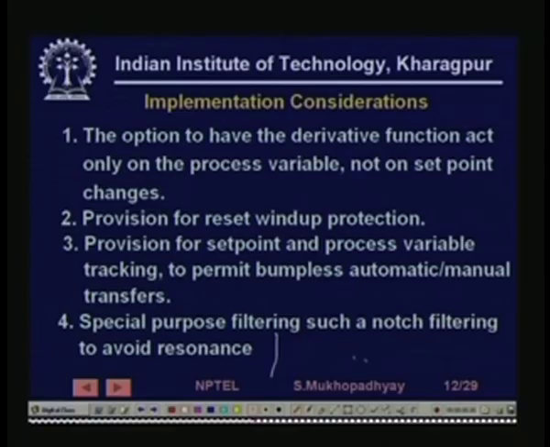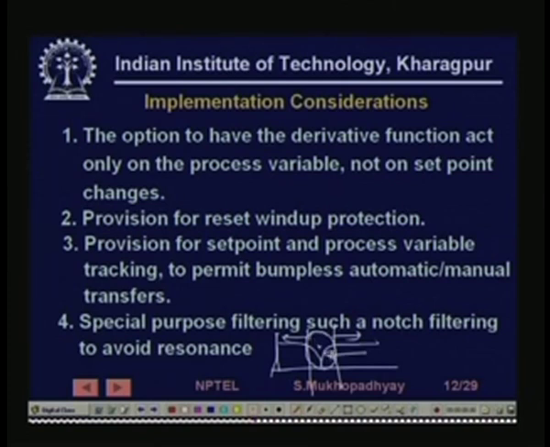For such purposes you sometimes use notch filters, which will pass all signals but block a narrow range. They have gain characteristics over frequency somewhat like this: in this range they will pass control signals, in this range also they will pass control signals, but in this narrow range they will stop the signal.